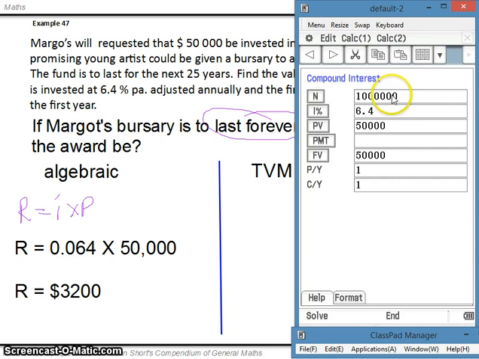N is just a very large number, so we're saying that this happens forever. I've just stuck in a big number there, 1 million. And payment is what we're going to work out. Not forgetting that PY and CY here are 1 because it's happening annually. There you go, hit payment and we get $3,200, just like we worked out there.